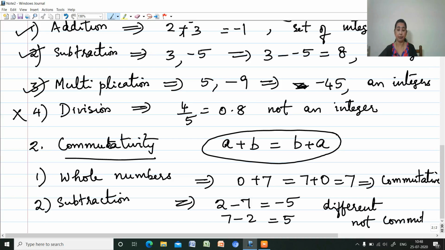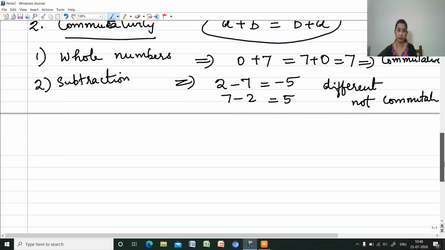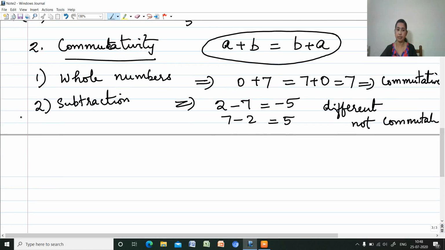So subtraction is not commutative. For whole numbers, the first one, addition, is commutative, whereas in the case of subtraction, it is not commutative.